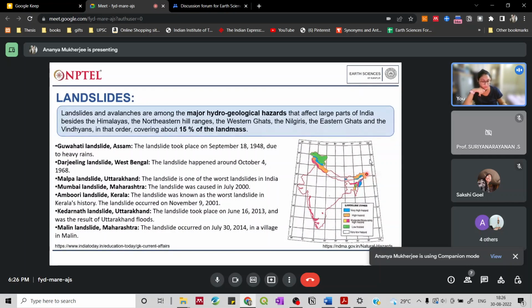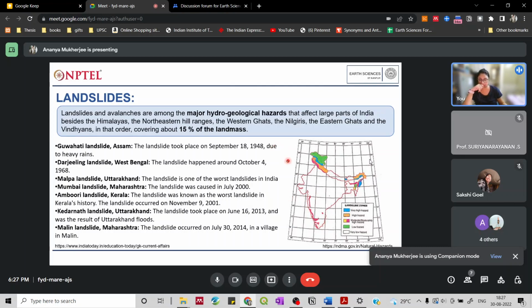Then even in the northeastern states, you see that these are actually hilly areas, so these are also very prone to landslides. Then you see the pink, linear kind of areas over here. These are actually the Konkan areas, the Western Ghats. So these are again susceptible to landslides.